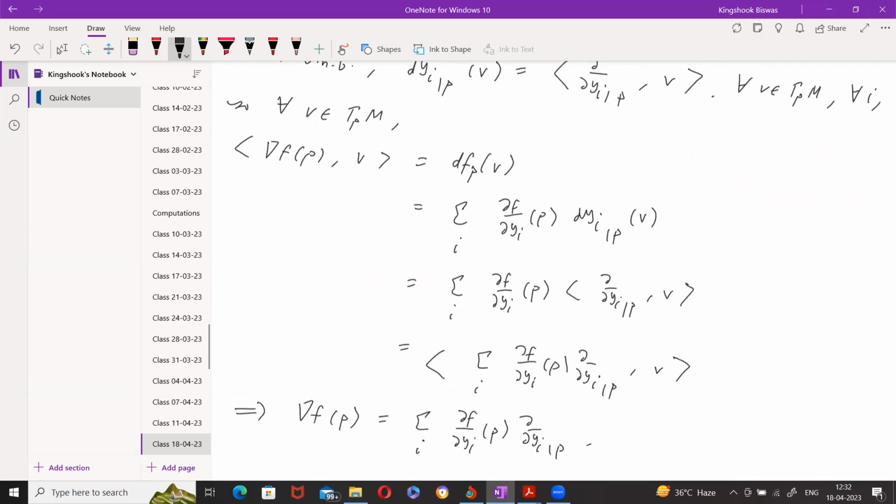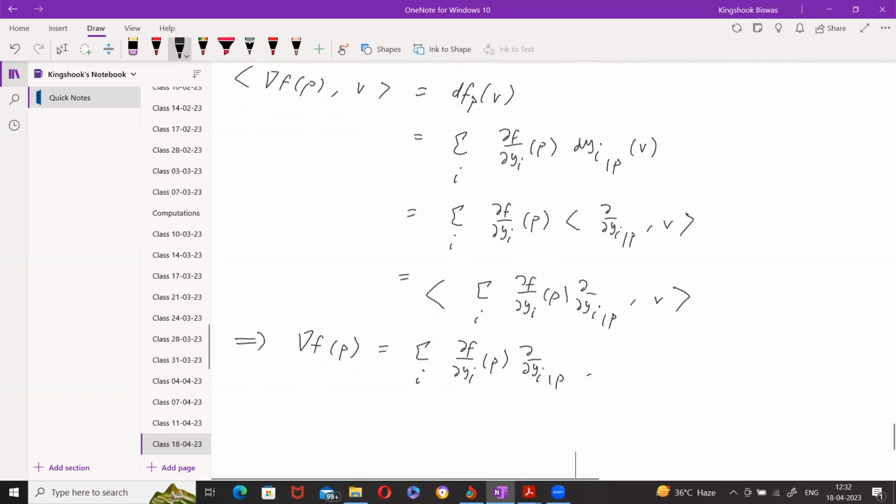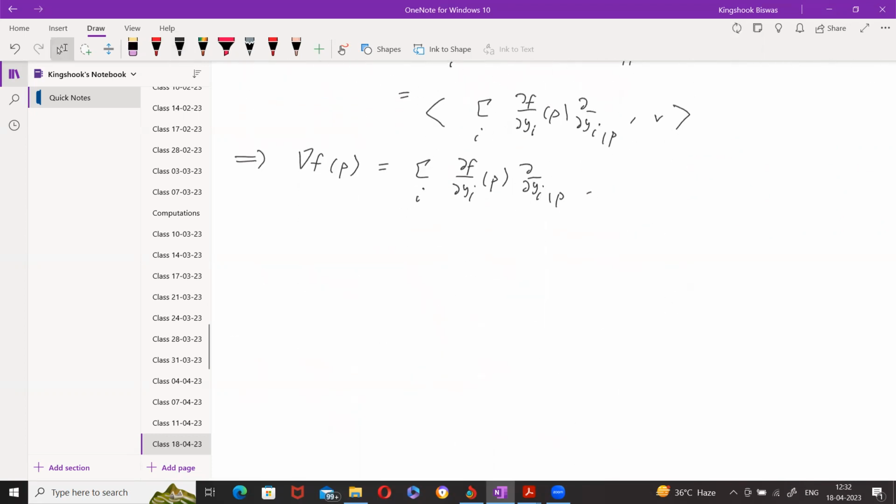Do you remember how to show the second part? The point is the curve, I mean, the geodesic. Let me write it like this.